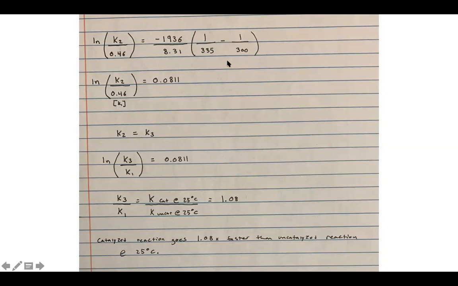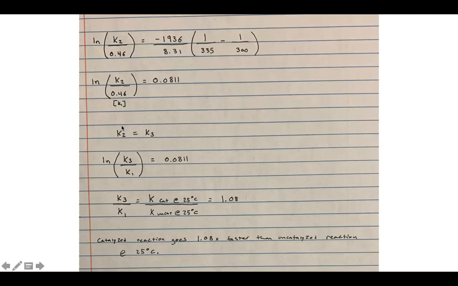All I do is solve the right side of the equation, and I find that the natural log of K2 divided by K1, which is this 0.46 value, is equal to 0.0811. Now remember that the rate constant of our uncatalyzed reaction at 67 degrees Celsius or whatever, 60 something degrees Celsius, and our catalyzed reaction at 27 degrees Celsius, they're the same.